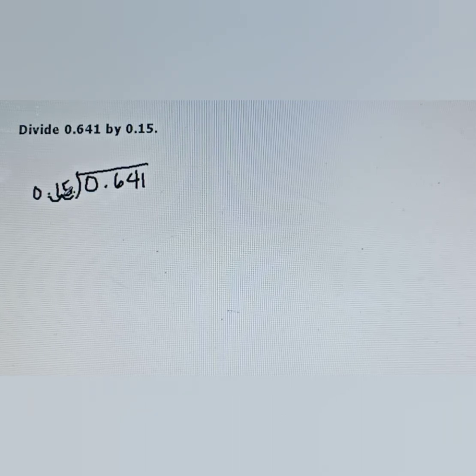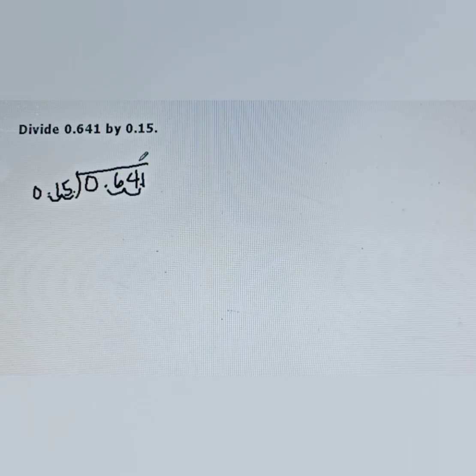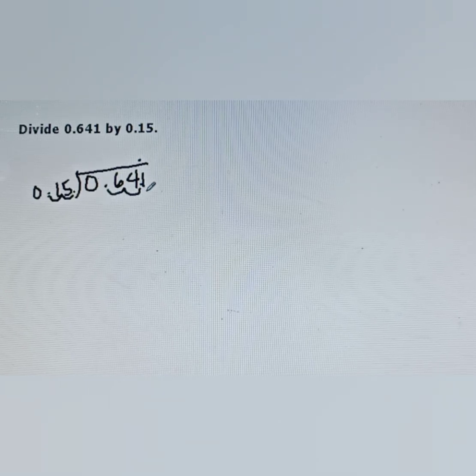Here we move 2 places. 1, 2. So we need to move also 2 places here. From here, you have 1 and 2. So the decimal point now is here. So bring it up there. So it's 64.1 divided by 15.